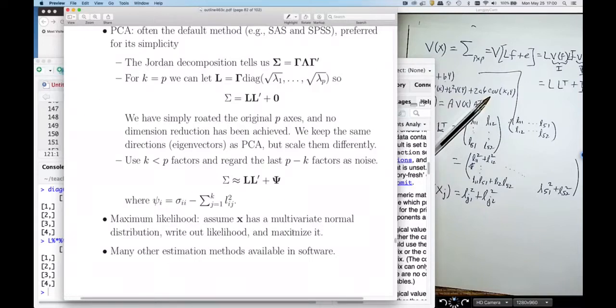So the squared multiple correlation approach. If you look up in the SAS reference manual for proc factor, you're going to see it offers probably about a dozen different ways that you can estimate this subspace. It's not an easy problem, and that's why so many solutions have been proposed.